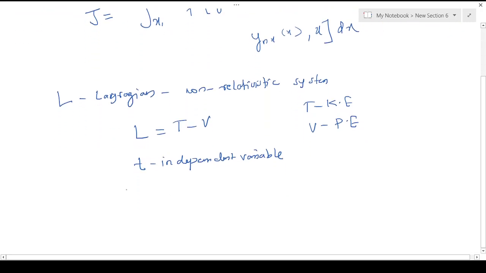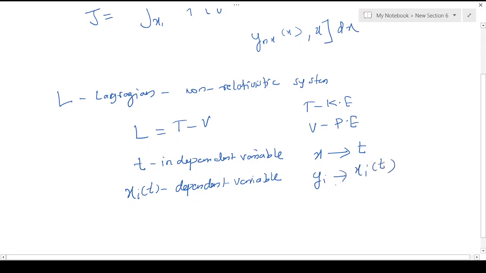So the independent variable is time and the dependent variable is length. What we have done is change the independent variable x to t, and our yi is converted to xi of t, and yi prime is represented by xi dot of t.